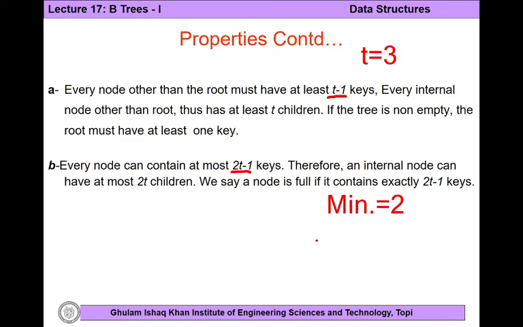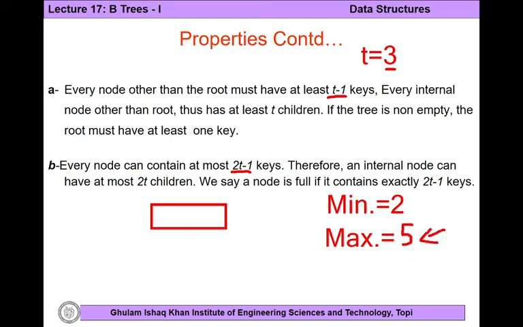And the maximum number of keys will be 2t, 3 multiplied by 2, 6, 6 minus 1, 5. So each node in the B tree will have at least minimum 2 keys, and it can have maximum how many keys?